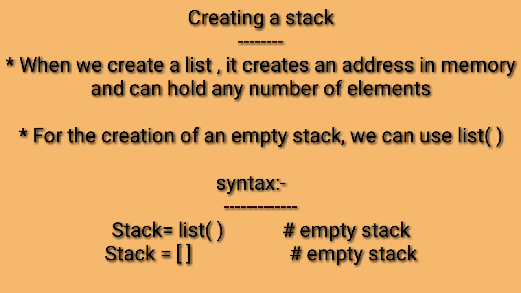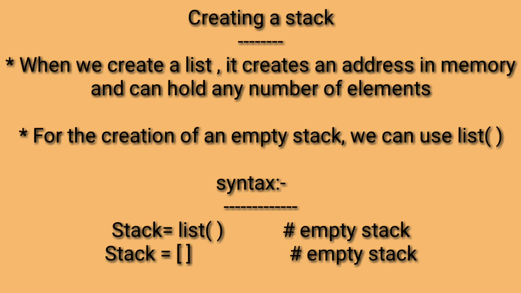Then if you want to access an element from a stack, we can use index values. Index values can be used for accessing elements from a stack. If you want to access the first element from a stack, what will be its index value? Stack of 0.